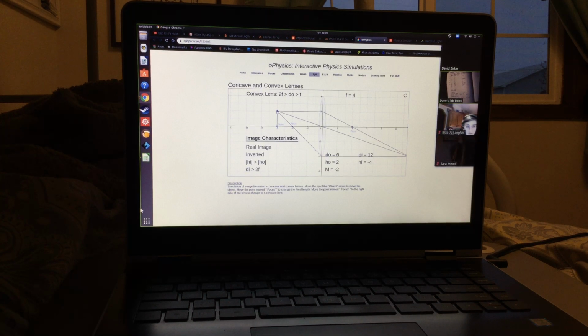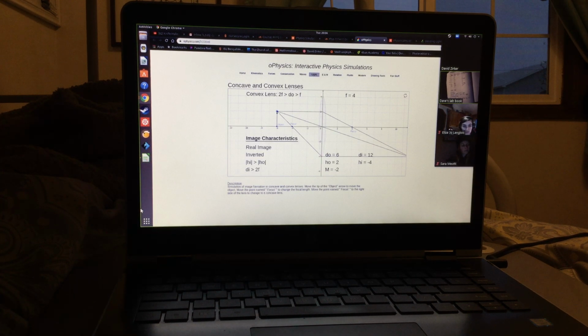This might be a really dumb question, but for the question that asks, is the magnified image larger or smaller compared to the object, I got negative for my magnification for almost all of them except for the 3.5 and the 2. So what does it mean by larger or smaller? Is that like the absolute value of it? So magnification, the negative or the positive actually has to do with whether the image is inverted or upright.